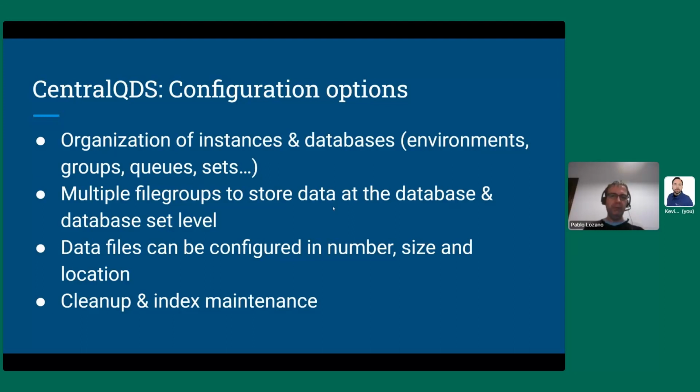You want to gather information from these servers from 1 to 2 a.m., then you want another queue from 2 to 3 because the workload on the servers is lower at that time. You can configure the groups and the queues, and once all these queues and groups have been loaded, you can just run the part that will aggregate the data into these sets, and that's when you get all the data ready for the reports.